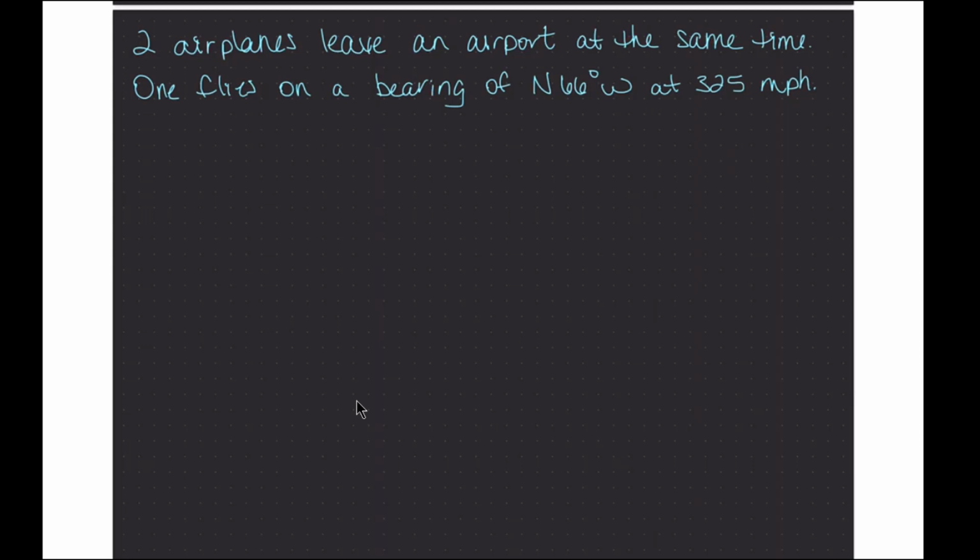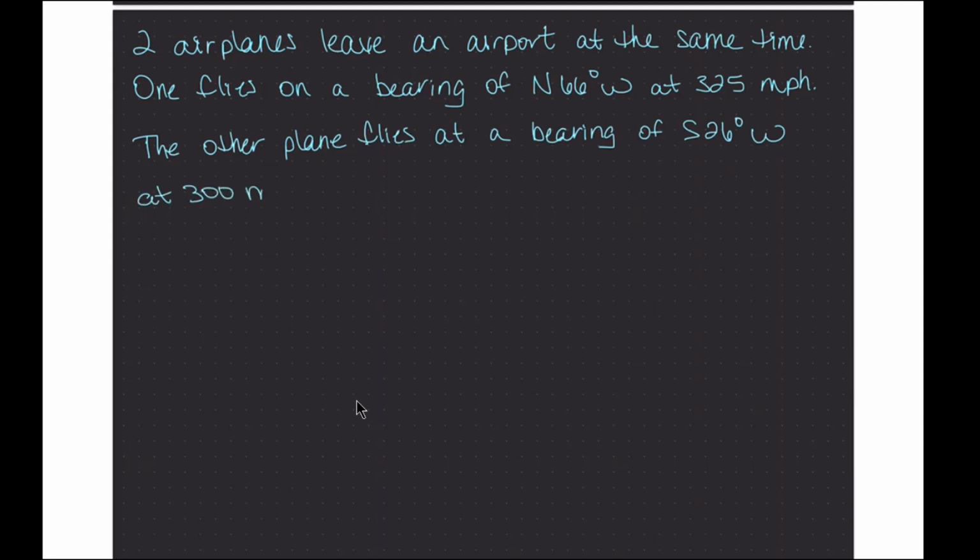And guess what? There's another plane, right? Because we have two planes. So the other plane flies at a bearing of south 26 degrees west at 300 miles per hour.